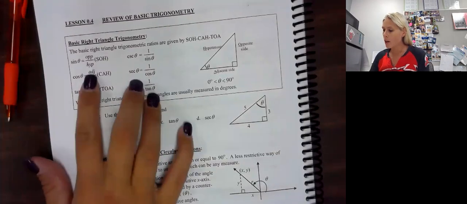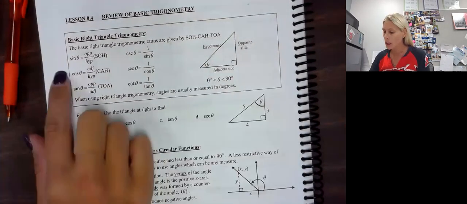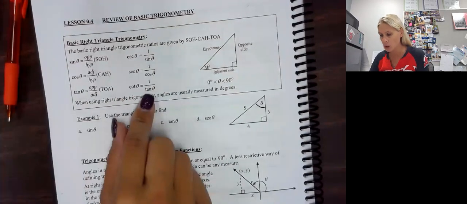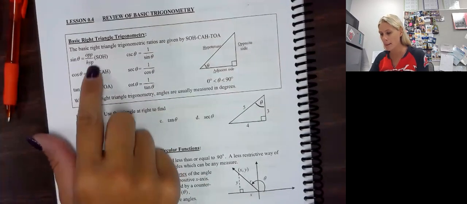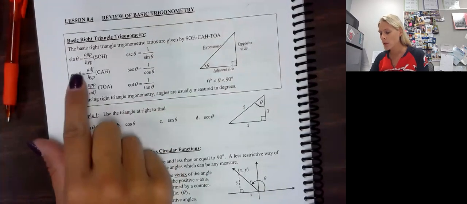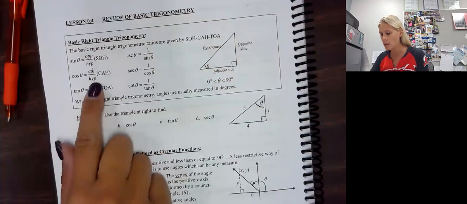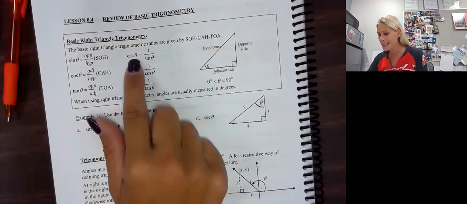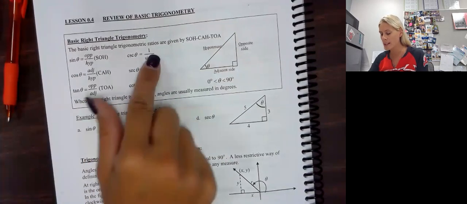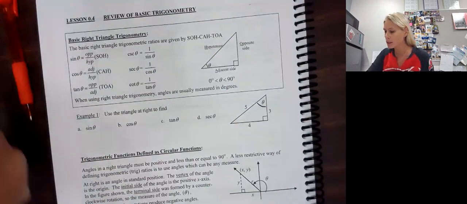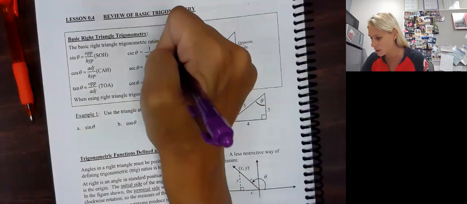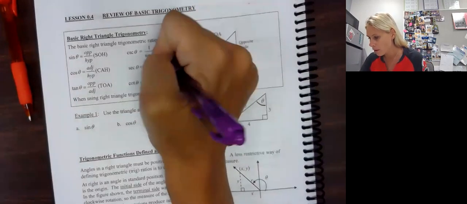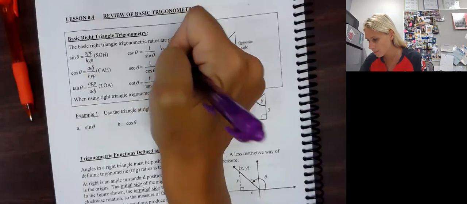So we have our SOHCAHTOA and our 6 trig functions. So remember that sine is opposite over hypotenuse, cosine is adjacent over hypotenuse, tangent is opposite over adjacent. Cosecant is the reciprocal of sine, so really, we can also say that this is hypotenuse over opposite.